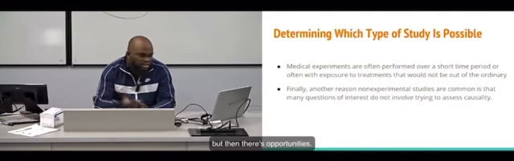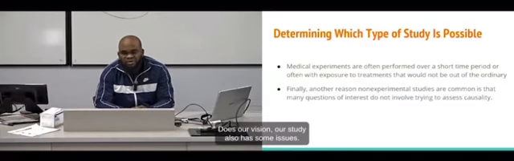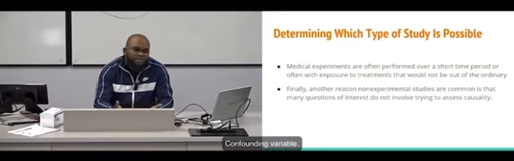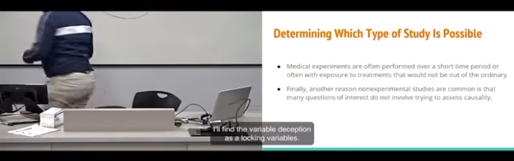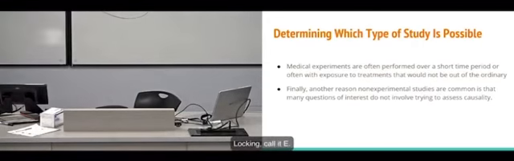But let me also tell you this. The observational study also has some issues: confounding variable. Confounding variable is the same thing as a lurking variable. You can call it lurking, or you can call it confounding.